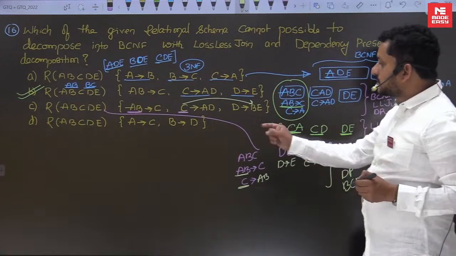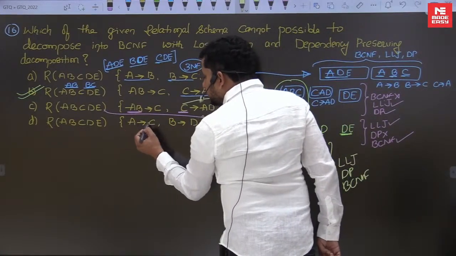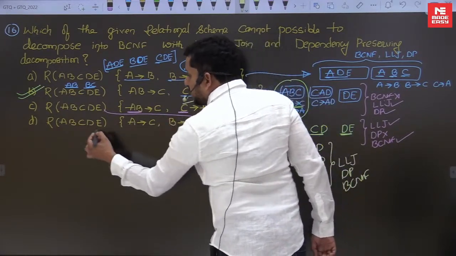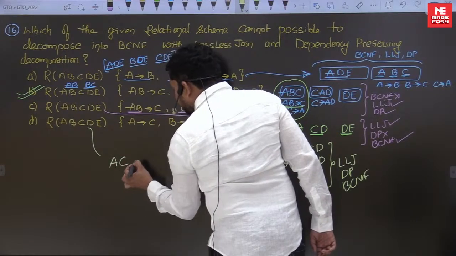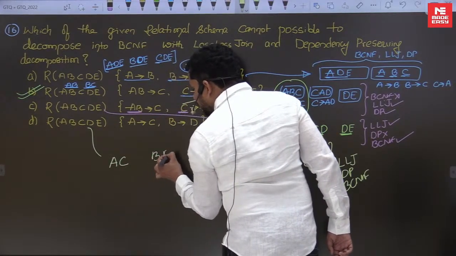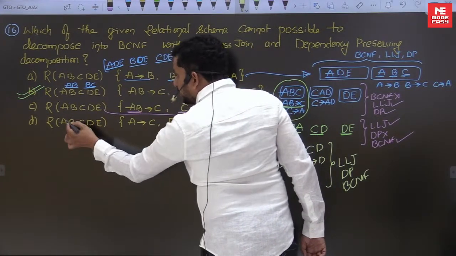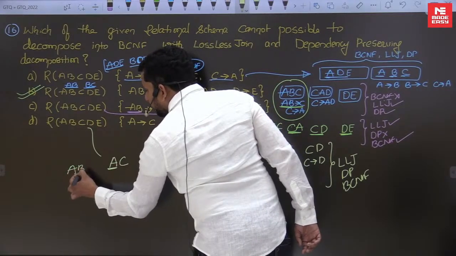It is also possible to decompose with AC in one table and BD in one table, and the remaining attributes along with AD in another table. So B is a key here and A is a key here. So ABCD is over, then ABE in one table.